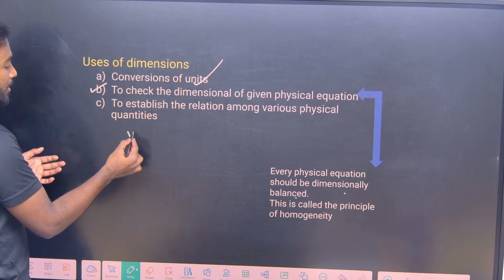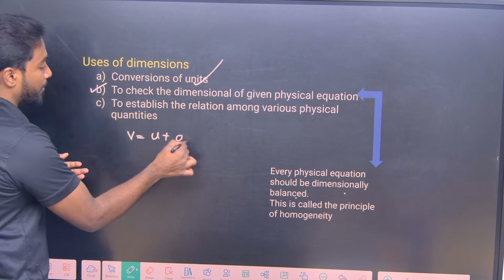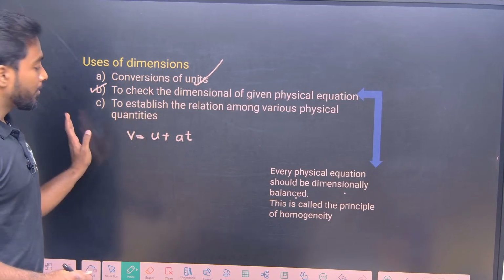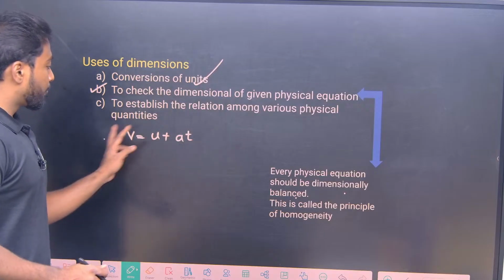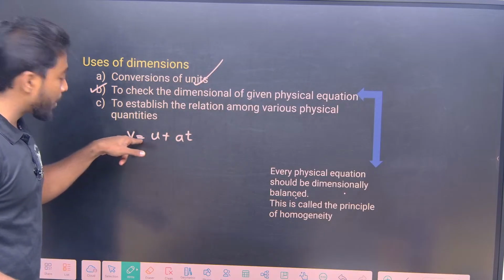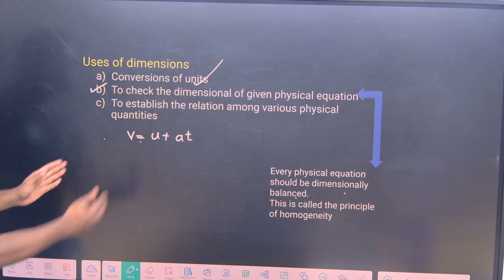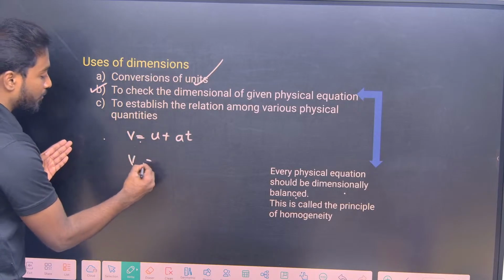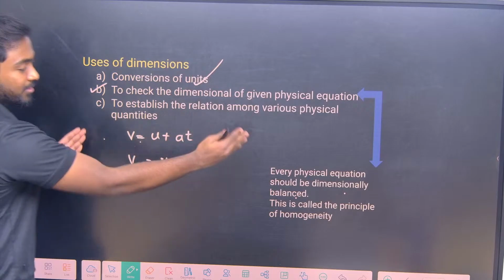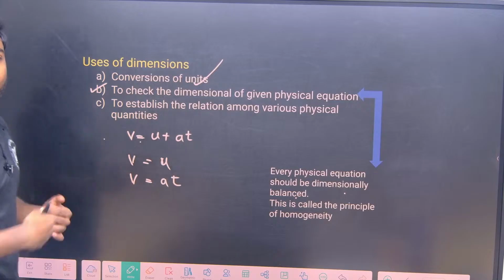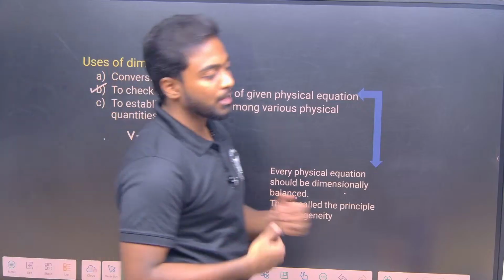Let me take V is equals to U plus AT. When I talk about the left hand side and right hand side, only if both are equal can I give the equation symbol. So V will be equal to U, and V will be equal to AT. It should be equal.